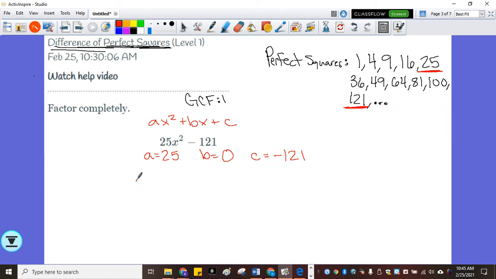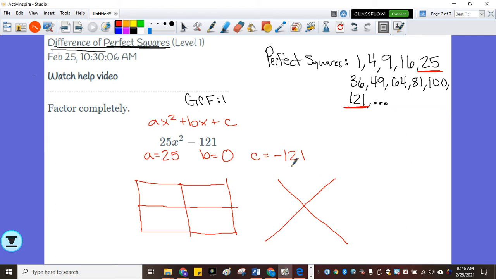And then we go back to how we were always doing, the reverse box method. So we'll multiply to AC and add to B. That's going to be a pretty large number, 25 times negative 121.